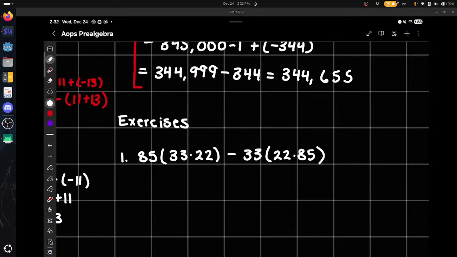Well, this is just 0. Because if we take the definition of subtraction, it turns that into a plus. This is just 0.